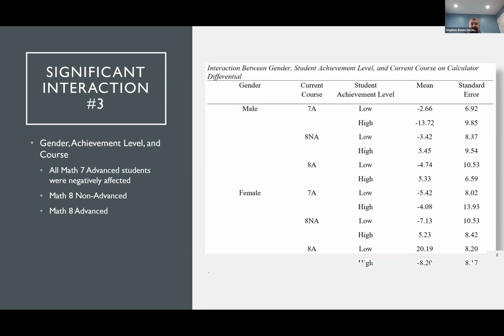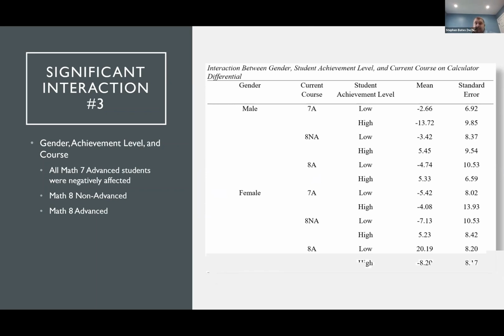And then my third significant interaction was a three-way interaction between gender, achievement level, and course. All Math 7 advanced students were negatively affected regardless of gender. In Math 8 non-advanced, I found that high achieving males and high achieving females were positively affected, while their low achieving counterparts were negatively affected, showing an achievement gap within grade level within course there.